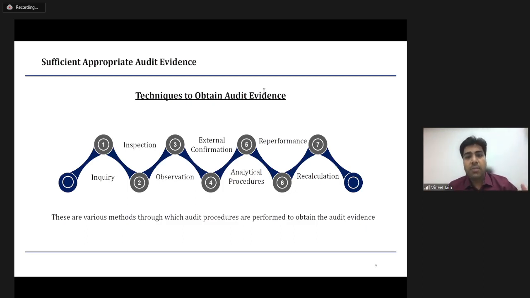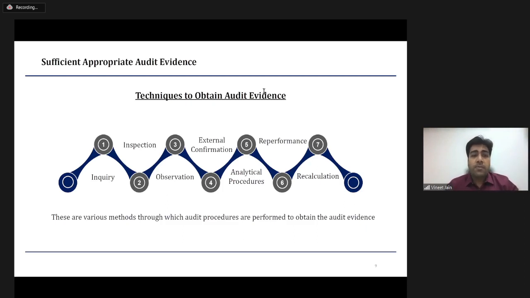And this is the major part and the main integral part of SA 500 on audit evidence. Once we have sufficient appropriate audit evidence in hand, we as auditors will be able to draw reasonable conclusions, and on the basis of that we can provide audit opinions.